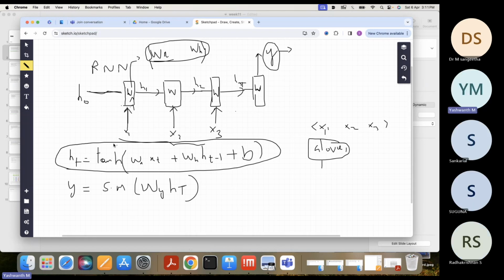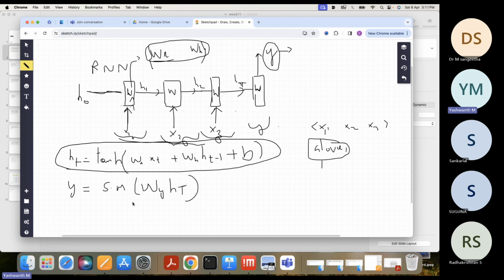And remember, these are typically called time steps: x1, x2, x3, and so on. At every time step, this W is the same. It doesn't change. That is important. So finally, once you have processed everything from x1 to xt, you want to predict, say, the movie review rating.